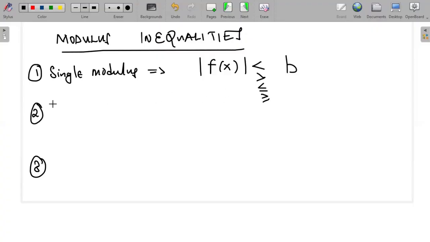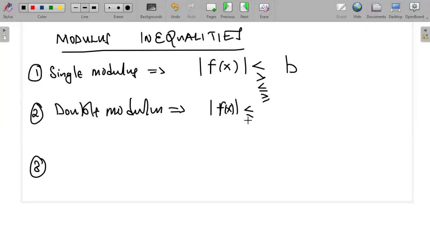And then the second type is a double modulus inequality. So this one here has double modulus. On the left and the right, it will have a modulus. So it will be a function f of x like this. And then in the middle here, you can have less than, greater than, less than or equal to, greater than or equal to.